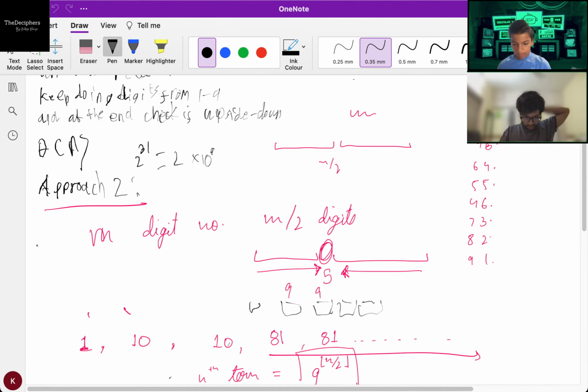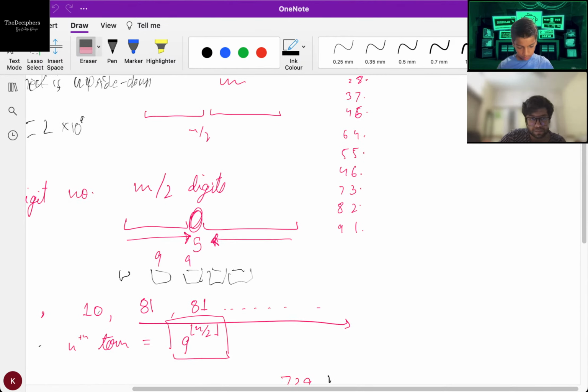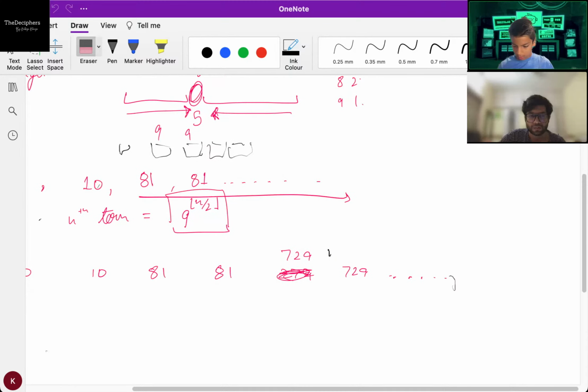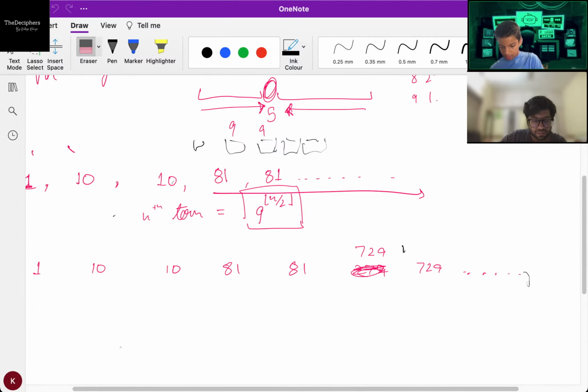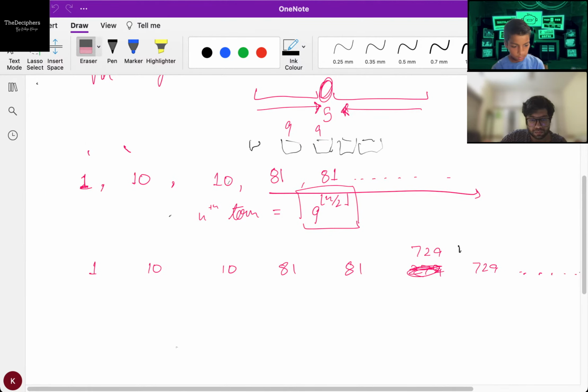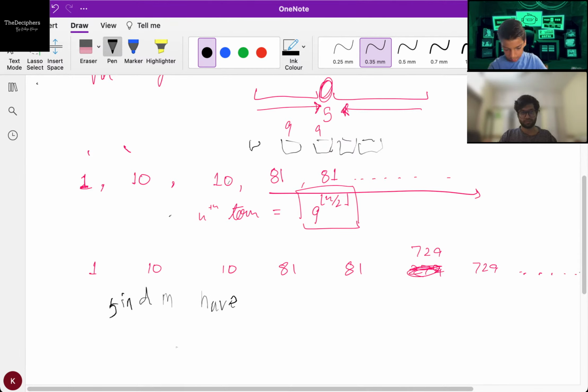So now can you think of something here? So we want to find m, and we have n.